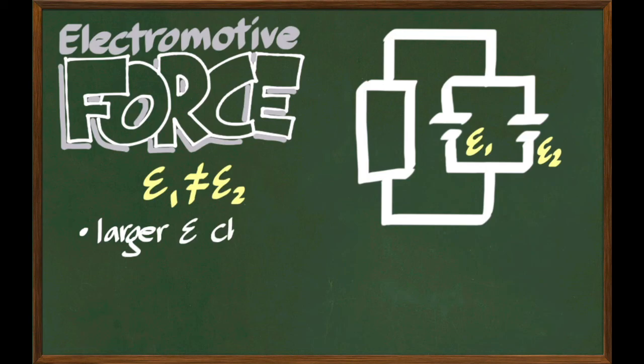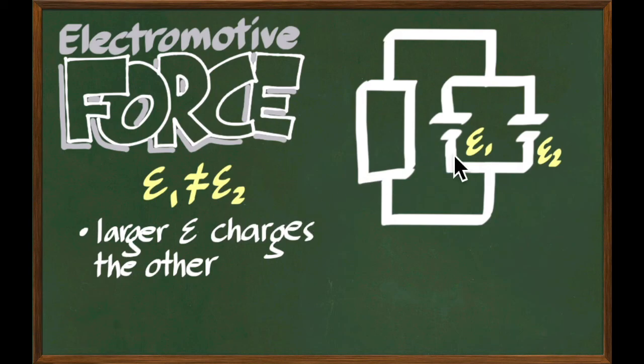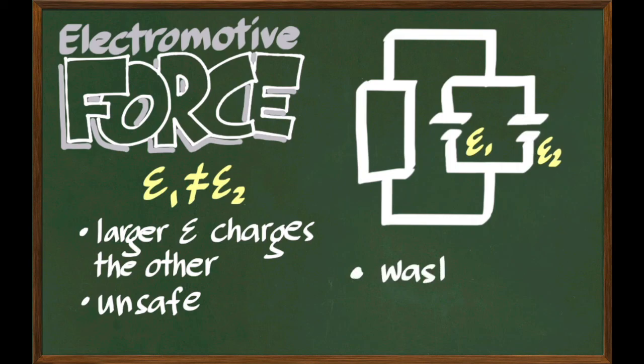The dry cell with larger EMF would charge the other dry cell. If the dry cell is chargeable, it would charge but may make this part of the circuit where they are connected very hot. It is very dangerous and unsafe, especially when the other dry cell is not chargeable. In some cases, it would even explode. Since the circuit components would become very hot, and hotness means energy has been transformed into heat, we can also say that we are wasting energy in this case.